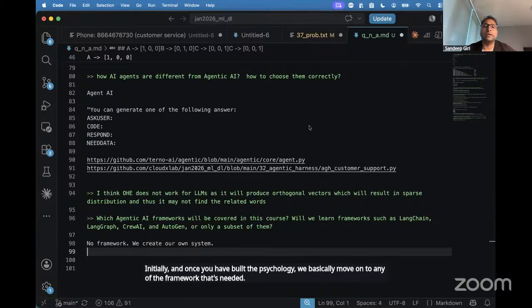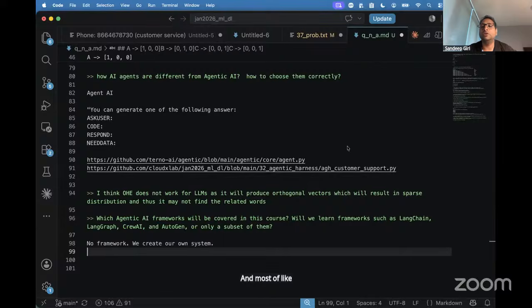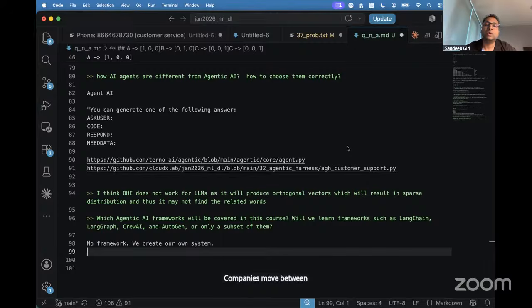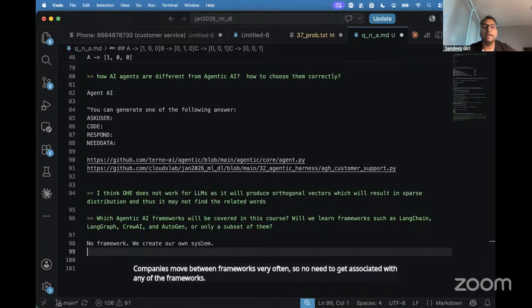Most of my team works with companies like GSK and lots of other industry, and we have a large team in AI. What we found is that companies move between frameworks very often, so no need to get associated with any of the frameworks.